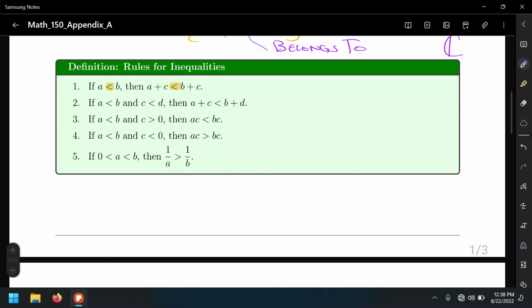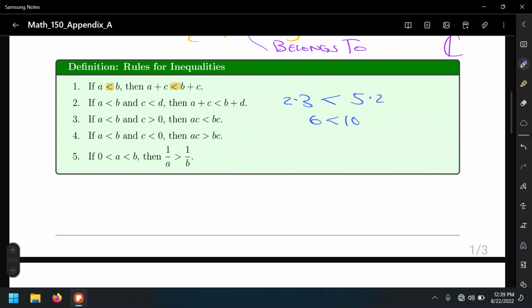That means when we multiply an inequality by a positive number, that doesn't change the direction of the inequality. For example, when I have 3 less than 5, if I multiply both sides by 2, 2 times 3 is 6, 5 times 2 is 10. Is 6 still less than 10? So that's what this third property is telling us.